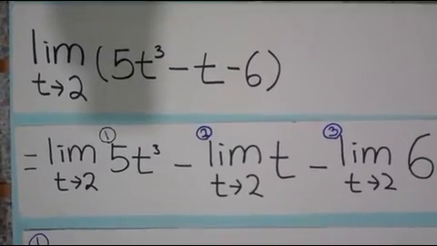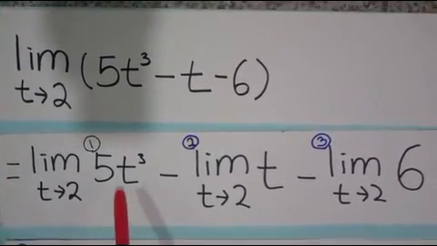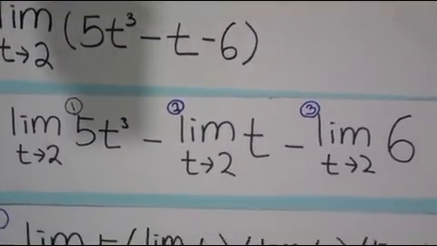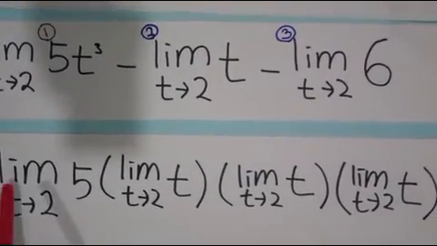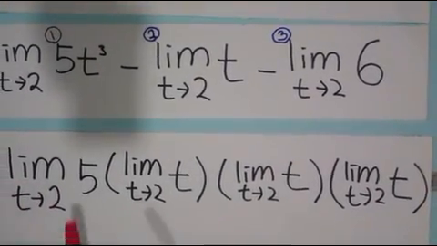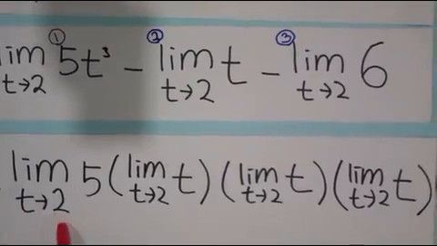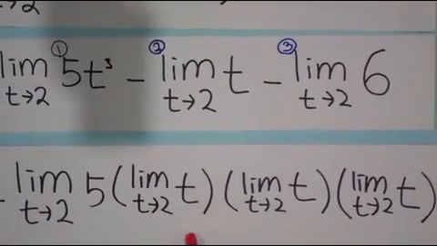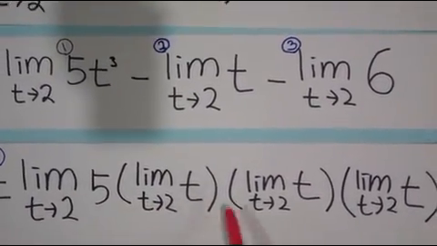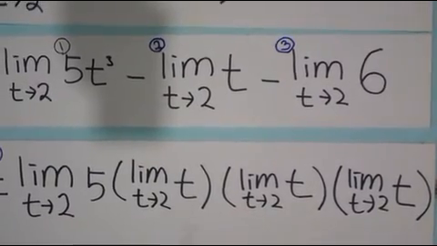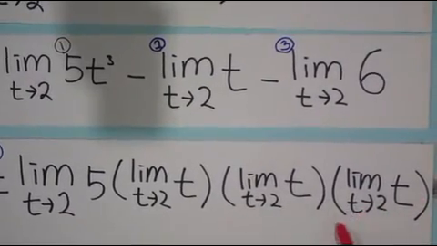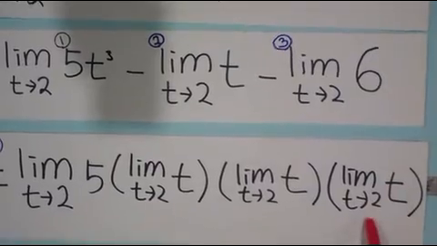By using the product law, the limit of 5t cubed is divided into parts: the limit of 5 as t approaches 2, times the limit of t as t approaches 2, times the limit of t as t approaches 2, times the limit of t as t approaches 2.